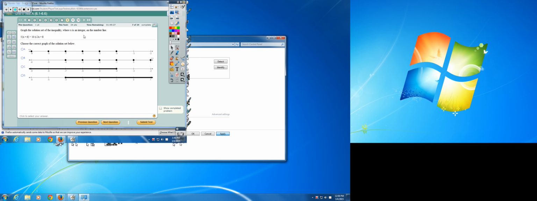Okay, here's the one I warned you about. What does that word say right there? Integer means whole number. So you need to make a note of that. I don't particularly like the question, but there's nothing I can do about it. It says 5 times x plus 6 in parentheses minus 10 is less than or equal to 2x plus 8.